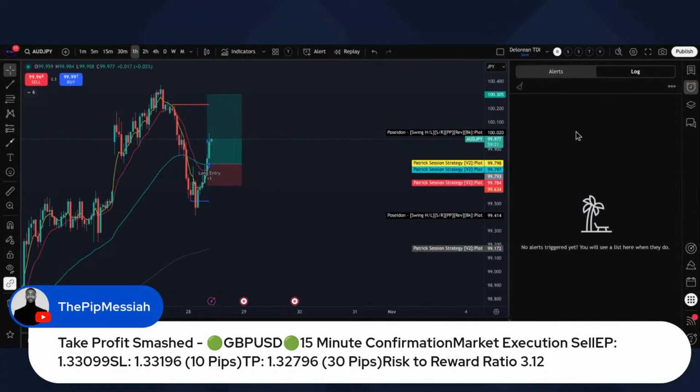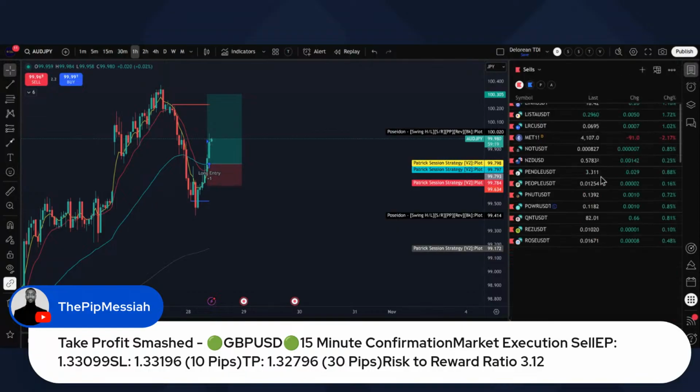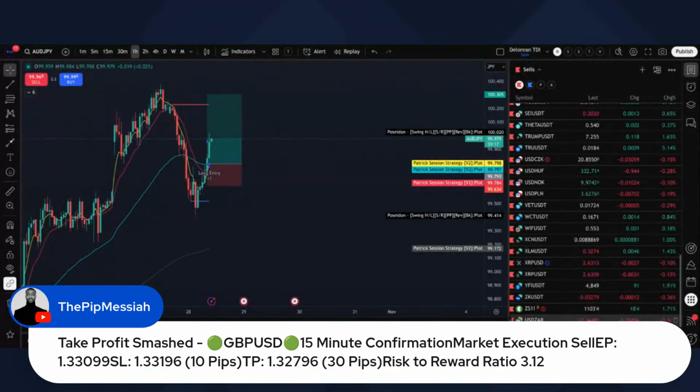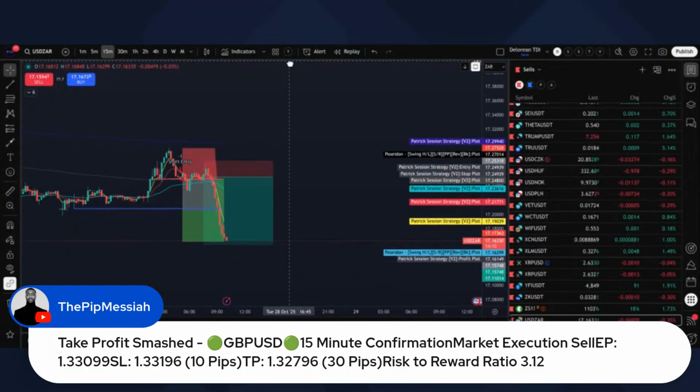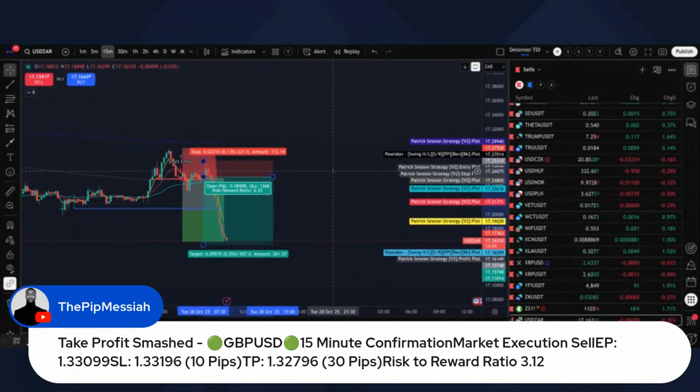United States dollar versus South African rand. Let's take a look at that. We're in the sell. Close, but not quite there yet. So I'll call this out in the signals channel if it does hit take profit.